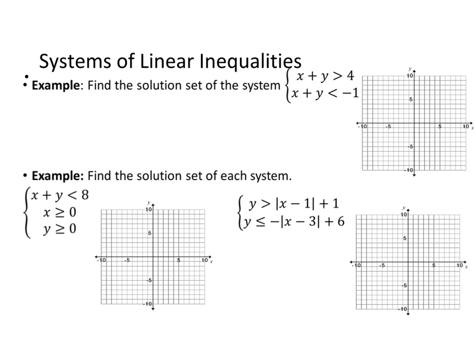In our next example, we are doing the same thing. If I were to take this first inequality and solve for y, we have y is greater than 4 minus x. Notice this time our y-intercept is the point 0, 4. Our slope is down 1 and to the right 1, or up 1 and left 1.